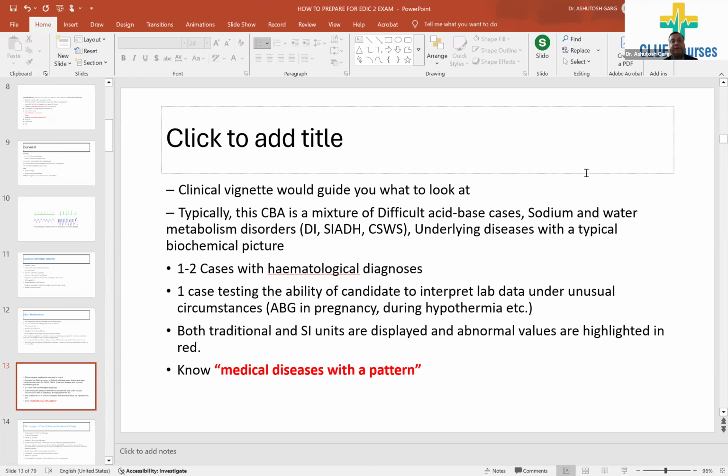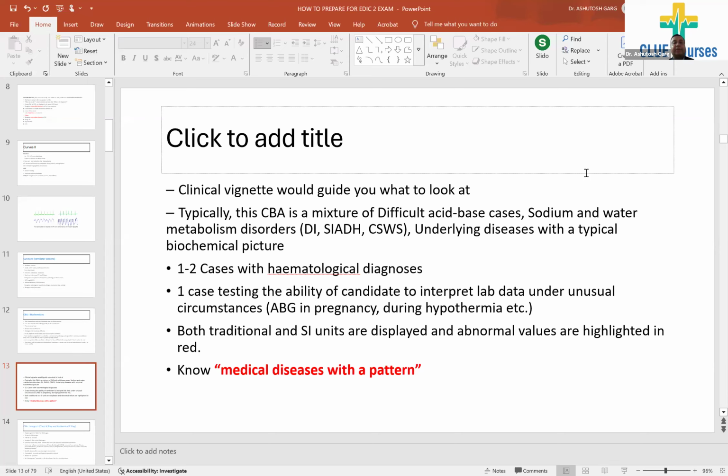Like in real life, there are 1 to 2 cases with a hematological diagnosis, and one case testing the ability of the candidate to interpret the lab data under unusual circumstances. Like ABG in pregnancy is interpreted differently from the ABG of a non-pregnant female or male.